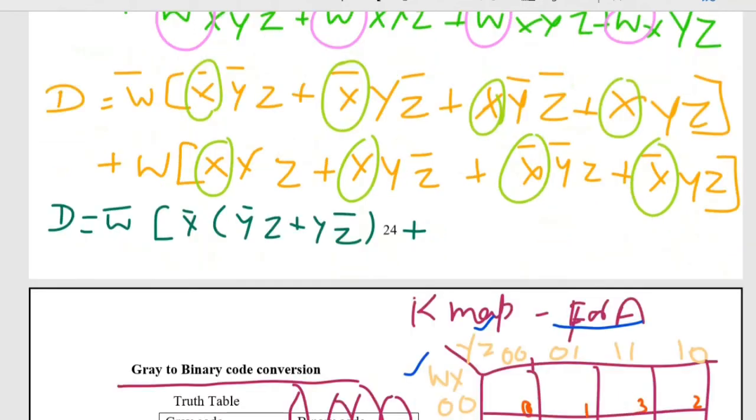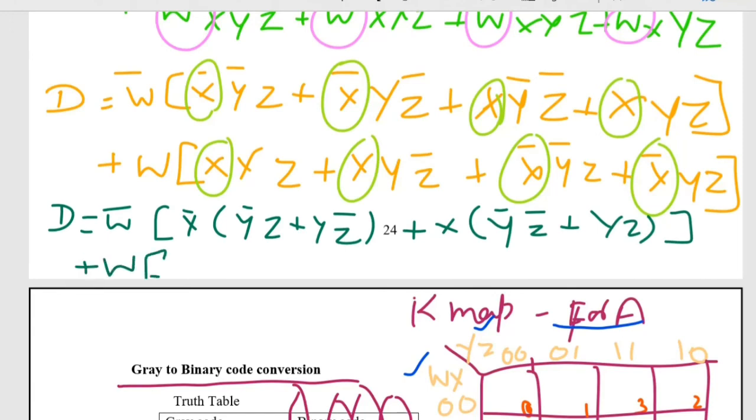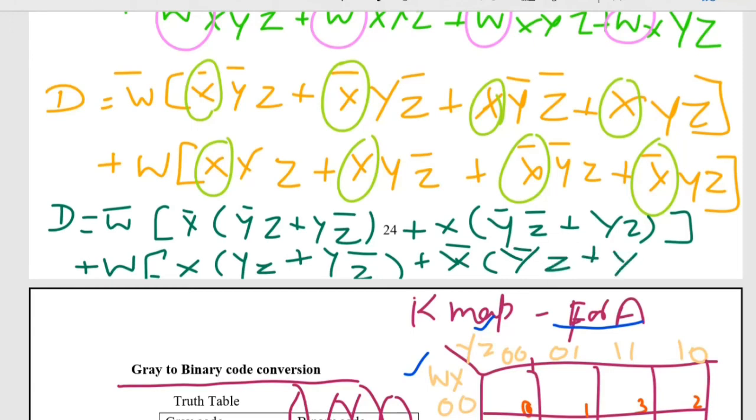So it becomes D equal to W bar into (X bar (Y bar Z plus Y Z bar) plus X (Y Z plus Y Z bar... X bar Z bar plus Y Z)) plus W (X (Y Z plus Y Z bar) plus X bar (Y bar Z plus Y Z)).